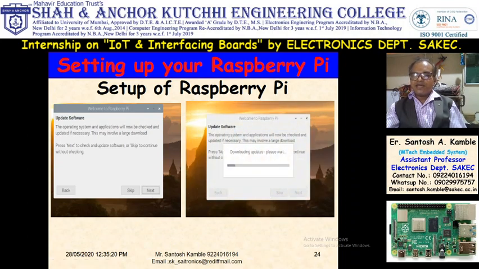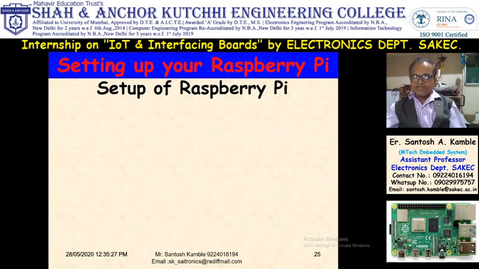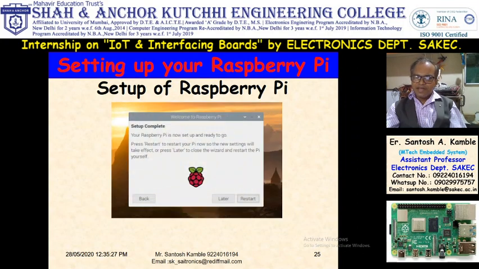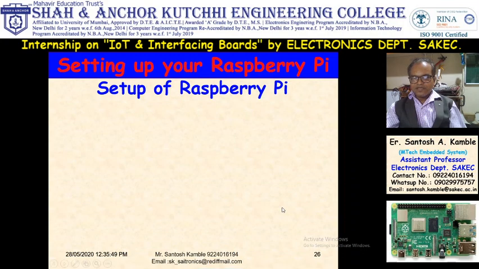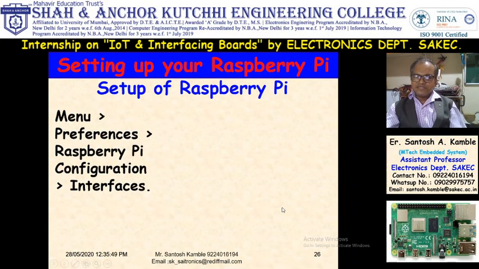As Raspberry Pi uses Linux OS, and Linux OS is open source, there are always new updates. So every 1 week or 2 weeks, you can update the Raspberry Pi. Once you update the Raspberry Pi, your setup will complete, and then you have to press the restart button. After restart, your system is ready.